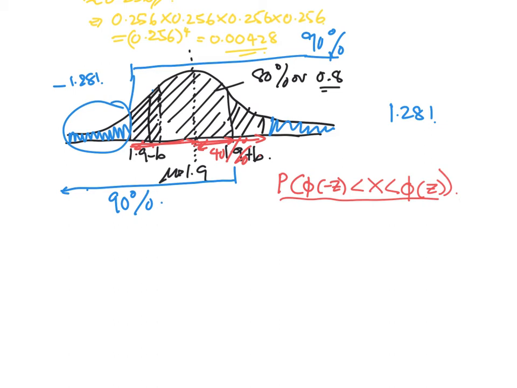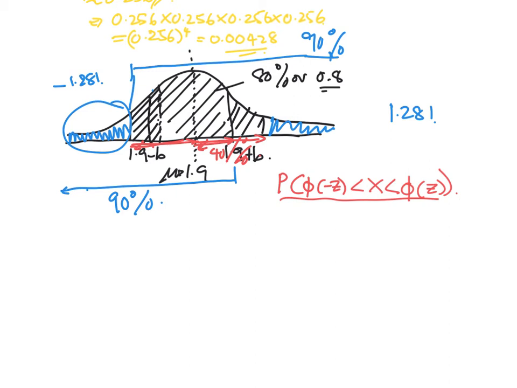Negative just indicates the left hand side. So using these values, I can find out what is the b value. The question doesn't ask for the b value, they just want the safety limit between 1.9 minus b to 1.9 plus b.